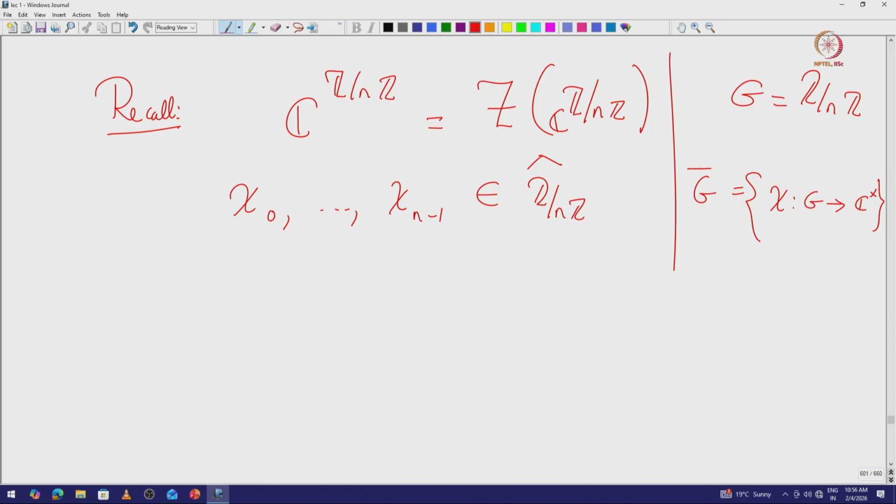Because all irreducible representations are one dimensional, the irreducible characters correspond to the group characters from G to C star.